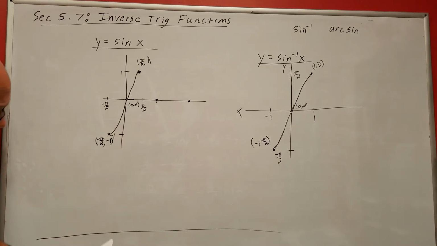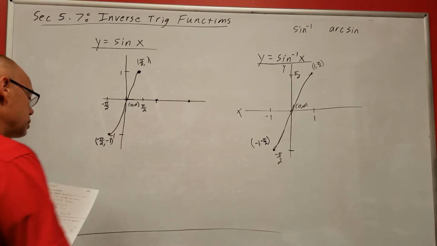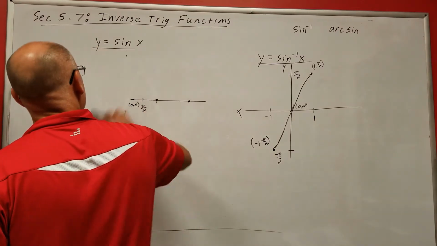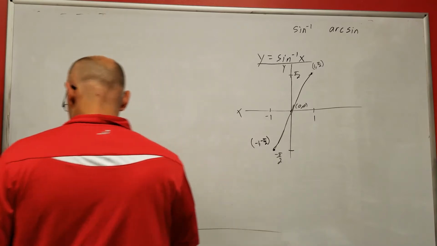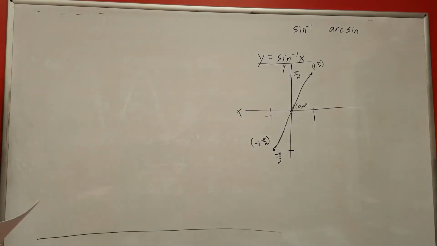All right. So next your notes talk about the inverse sine function, and they basically define it, okay? They say the inverse sine function, denoted by inverse sine or arc sine, is the inverse of the restricted sine function.